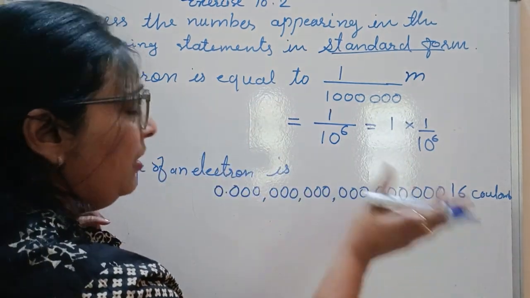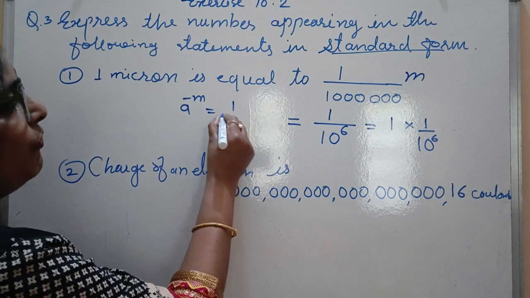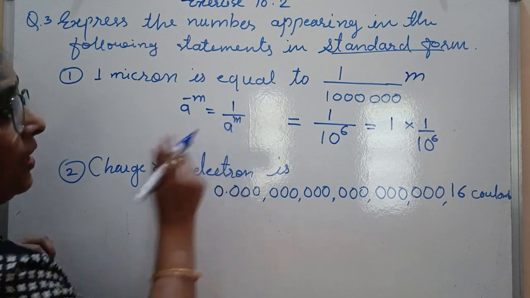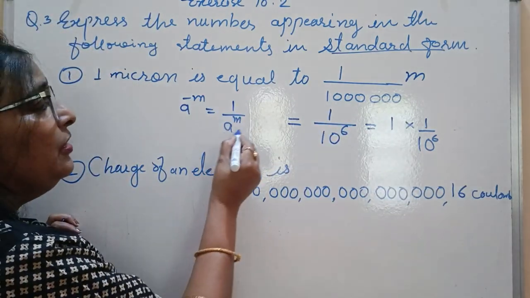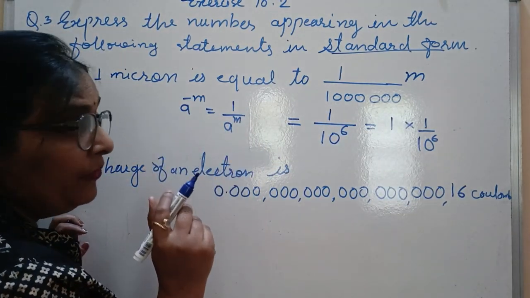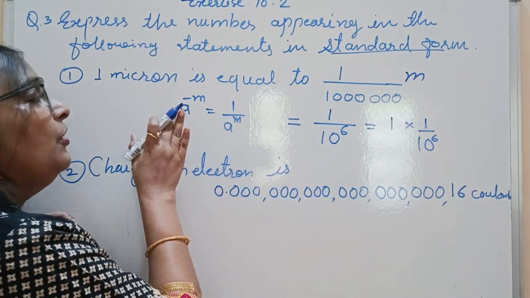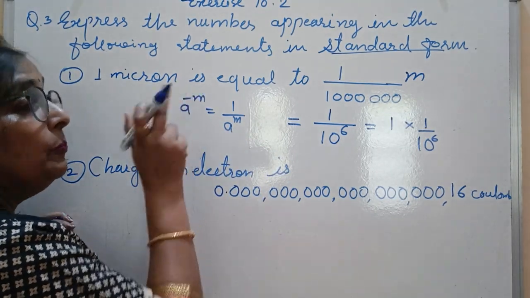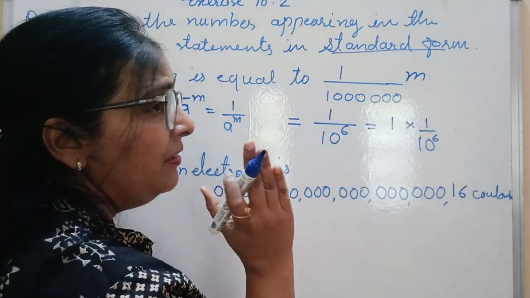So which law are we applying? a raised to the power minus m is equal to 1 by a raised to the power m. See that? Now this value is in the form of 1 by a raised to the power m, so when you take that in the numerator, it becomes a raised to the power minus m. That means 10 raised to the power minus 6.